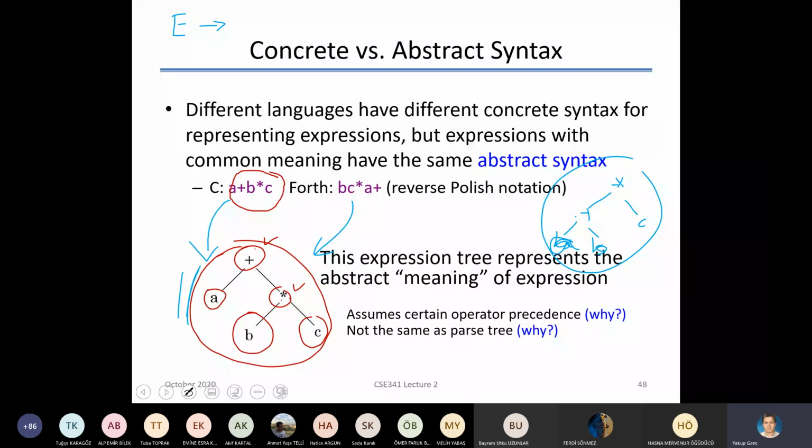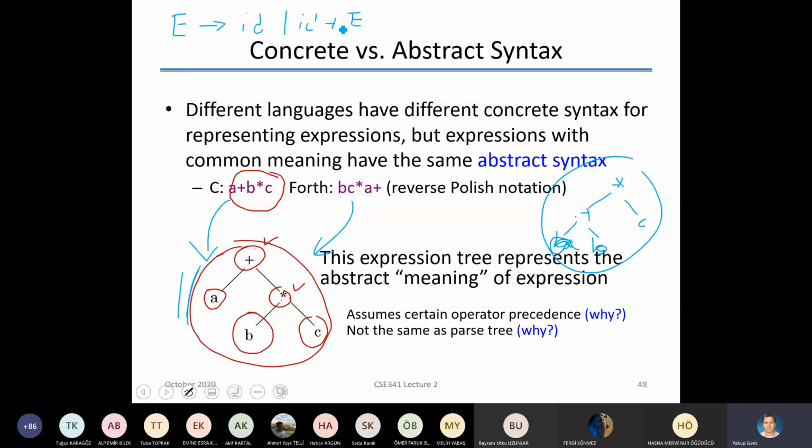An expression can be an identifier. It can be something else, let's say an identifier plus another expression, and perhaps also identifier times another expression. So this could be one way of trying to define the concrete syntax for this.